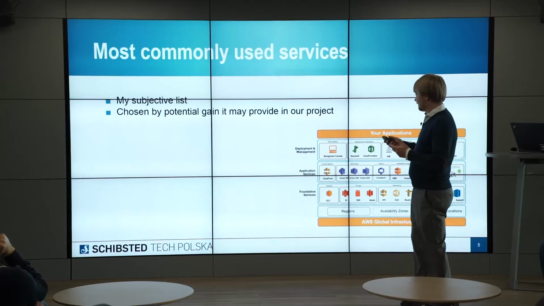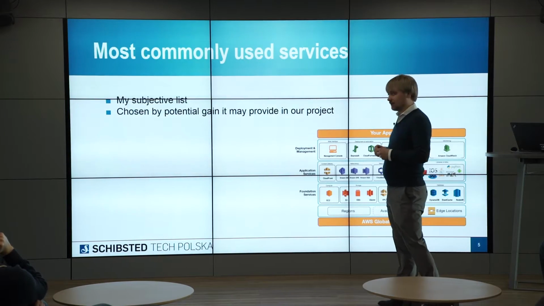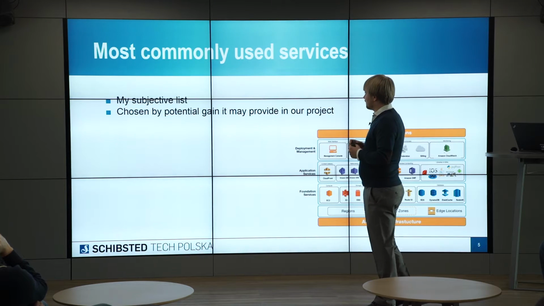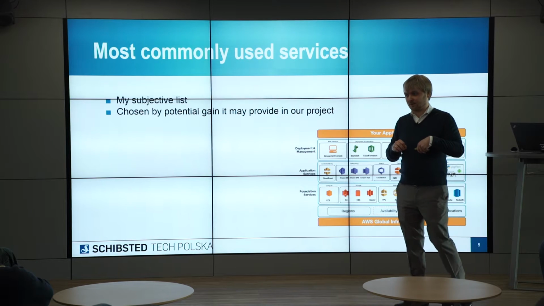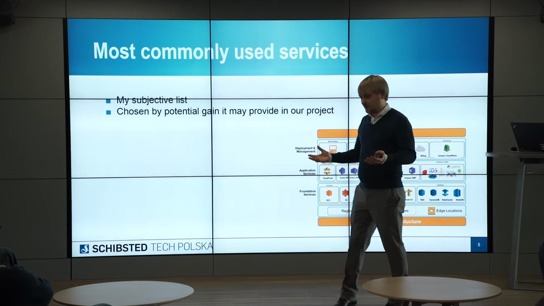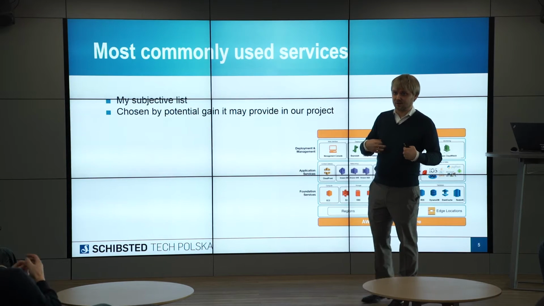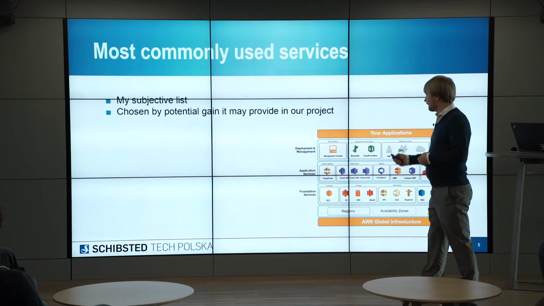Okay, so first, the most commonly used services, but this is my subjective list, and these are the services I will present. I will show you a quick overview. They are chosen by the potential gain they may provide to our team. So we don't use all of them, but we may use some of them. We are thinking about using some of them.